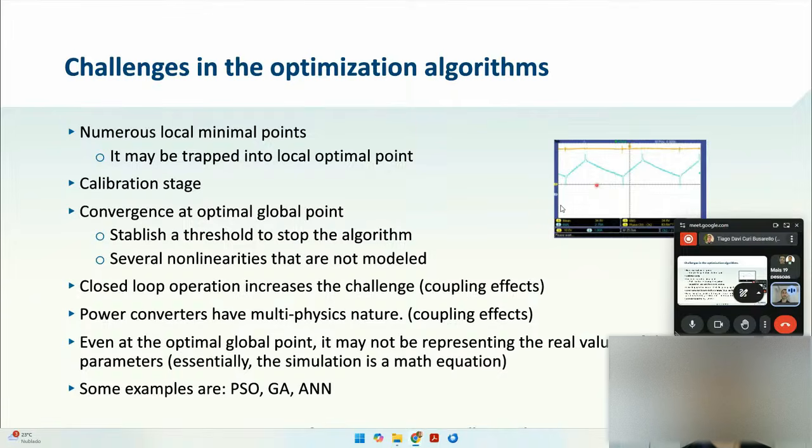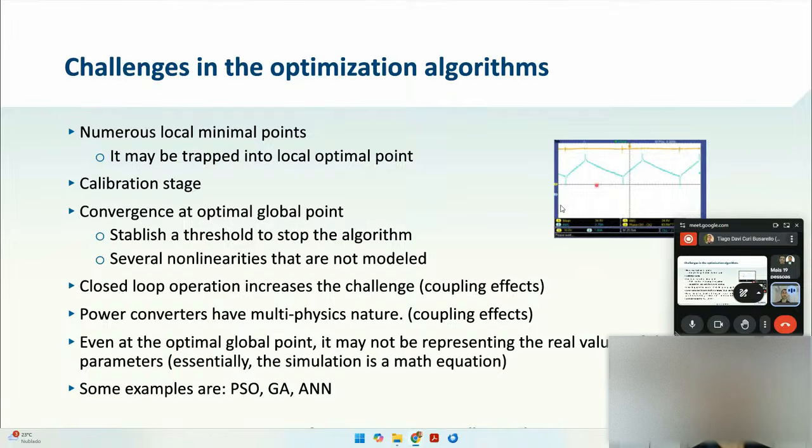So in this calibration stage, we need to define which values we consider really real. Again, it's a math equation. It may have a lot of solutions. Just one solution actually represents the reality. Some examples of the algorithms are PSO, genetic algorithms, and artificial neural networks. I invite you later to take a look at these algorithms.